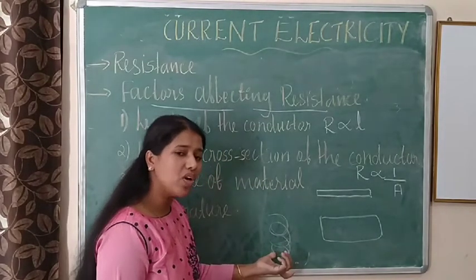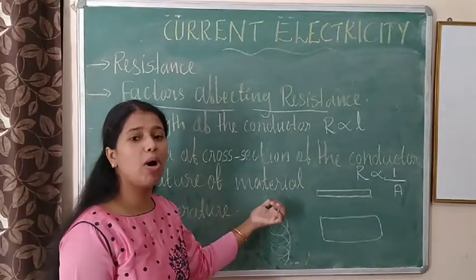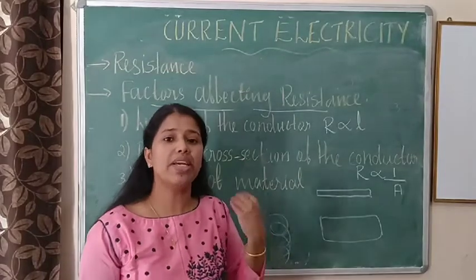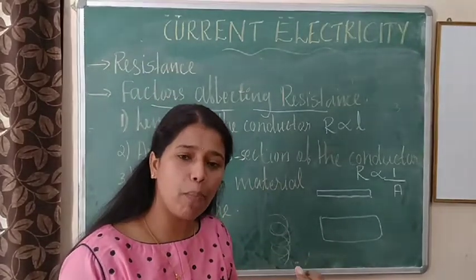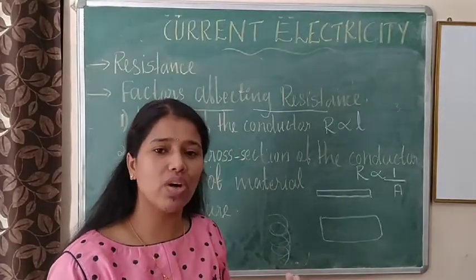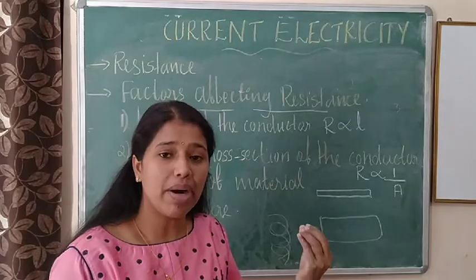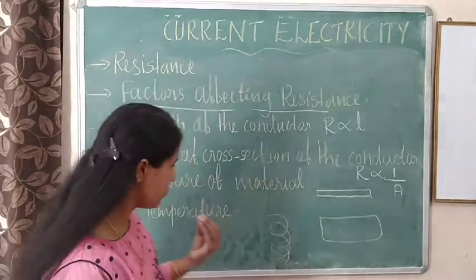An iron box is the same. If you use copper, silver or gold, there is not that much resistance, but if you use nichrome, resistance is more.